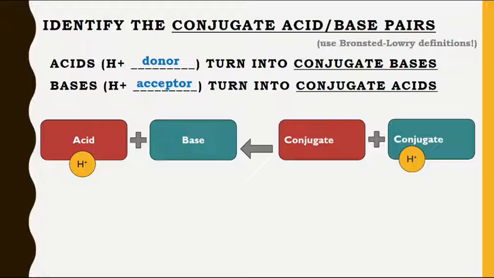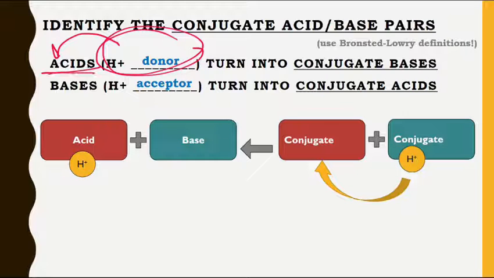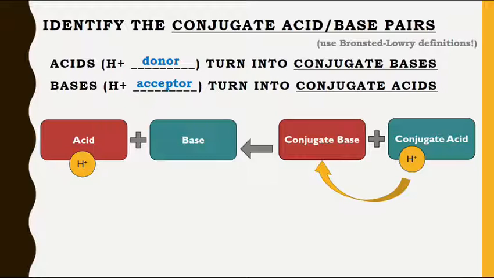So if we reverse this reaction, the opposite of what happened in our forward reaction is going to be happening, meaning that that H+ is going to be moving from my blue conjugate to the red conjugate. And when that happens, because our blue conjugate is donating an H+ to the red conjugate, that means it's acting like a proton donor, and proton donors are acids, which means that when we name that conjugate, it's not just a conjugate.